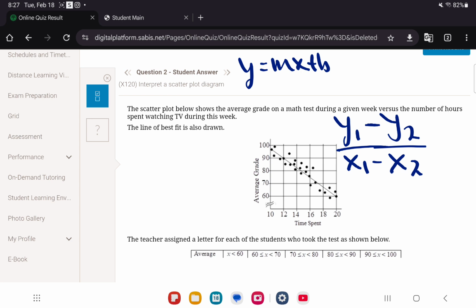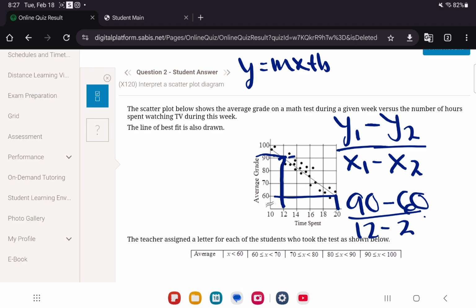So here, the points that are on the line that are clear are 9 and 12, and then 60 and 20, okay? So let's do it. 90 minus 60 over 12 minus 20, okay?